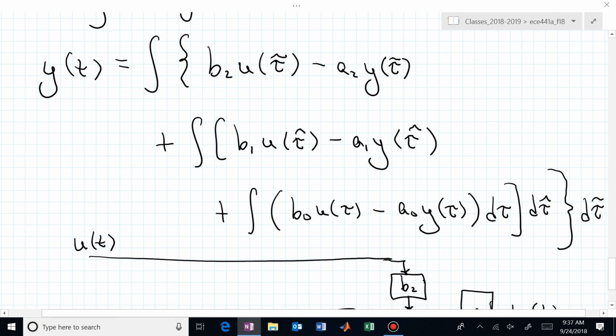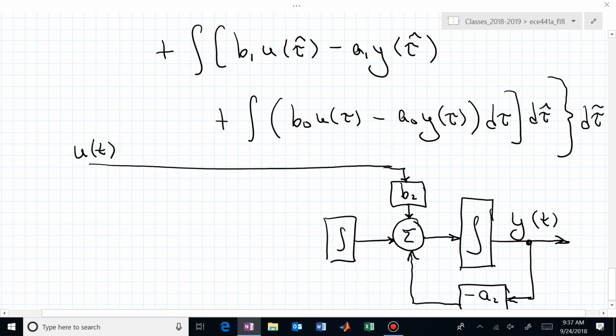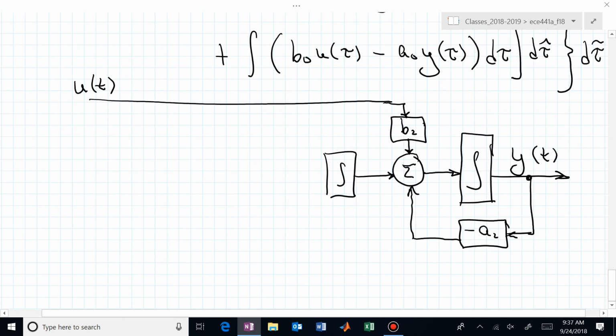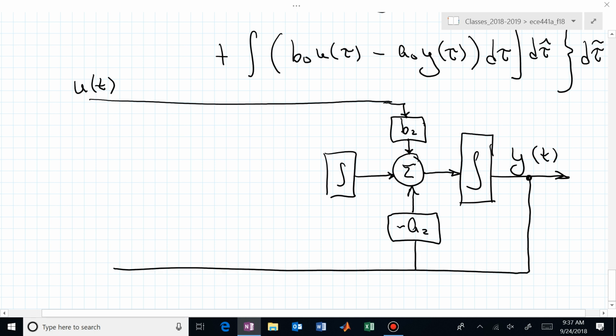So now what's the input to that second or middle integral? Again, I take y and scale it by minus a1. So maybe what I should have done is, let me change this up. It'll be a little bit cleaner. I apologize. Let me call this a2 minus coming up from the bottom, and now I can do my y's like this. Is that better? Maybe, maybe not. But now I have my b's and a's stacked. The input to this integrator was a b1 times u.